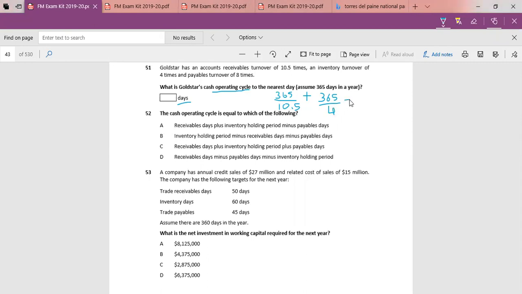Then we have minus payables turnover ratio, which is 365 divided by 8. So solve this and tell me what's the answer. 80 days. 80 days. Okay.